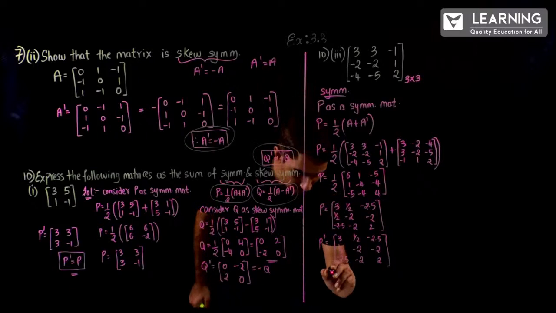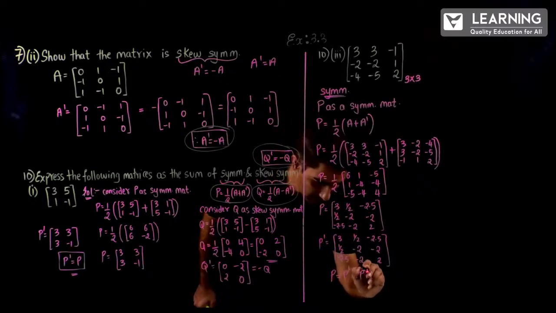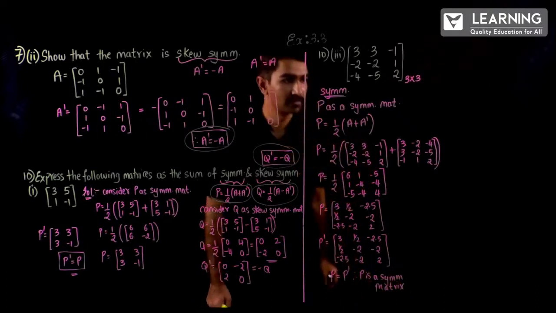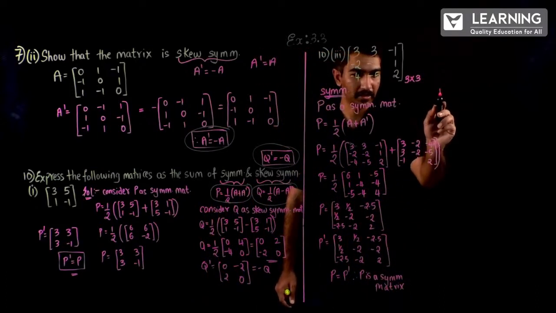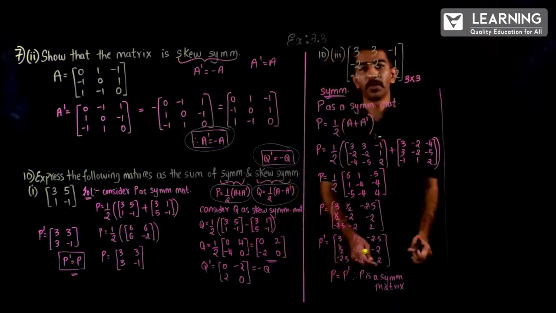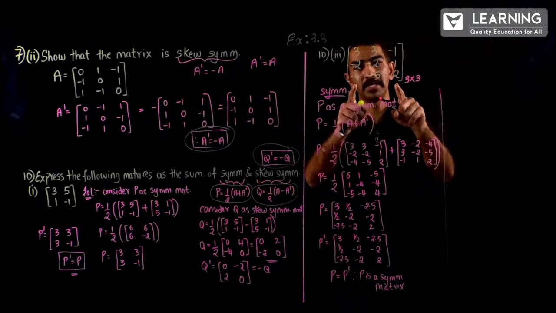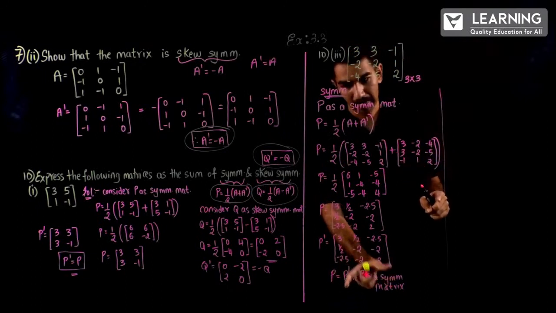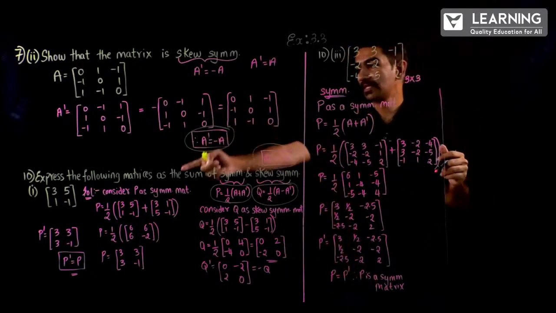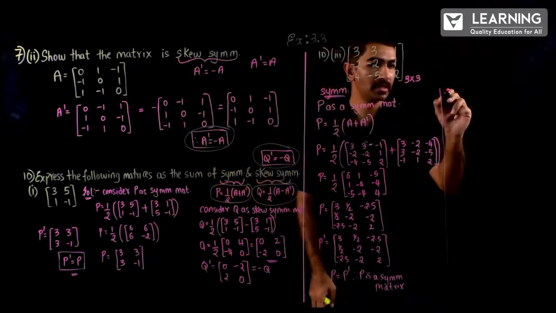Here we can see P is equal to P dash. Therefore, P is a symmetric matrix. Okay, so here we'll draw a line. What we have proven? The given matrix we have expressed it in the form of symmetric matrix by using this formula. Next, after symmetric, what we have? Skew symmetric matrix.